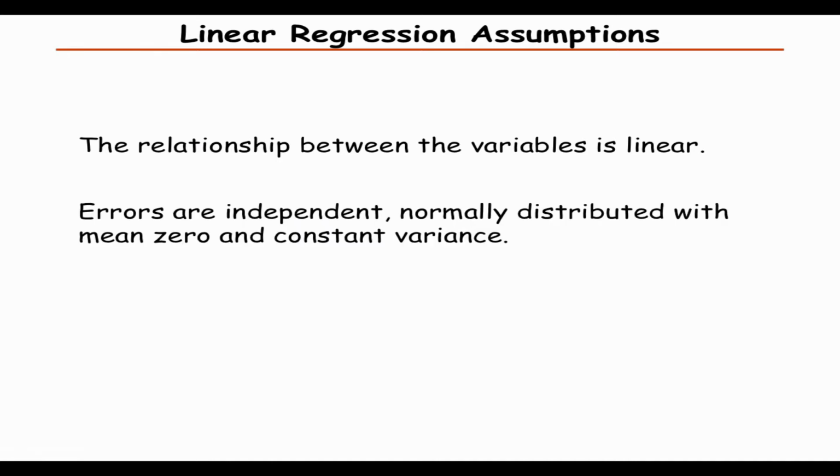The other assumptions are with respect to the errors. We assume that errors are independent for each measurement, that they are normally distributed, and that their mean is 0, and there is a constant variance along the measurements for different values.